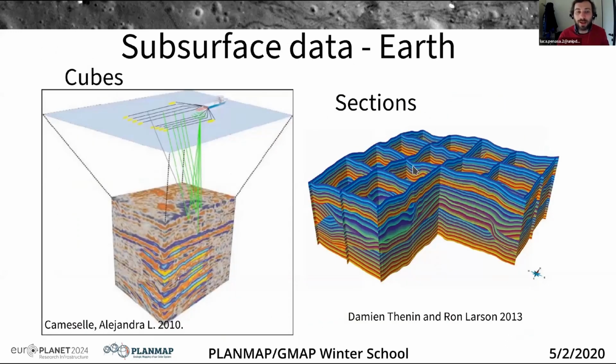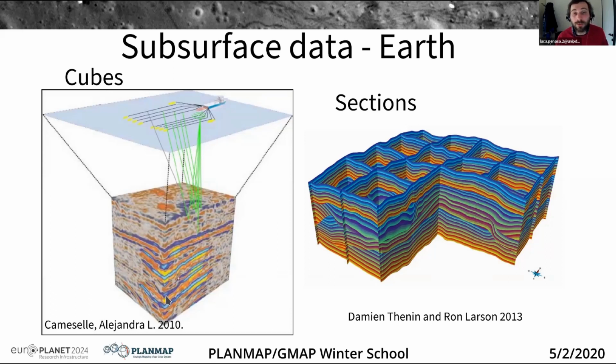Okay, as we said, maps are very interesting as the first data to use, but we are also looking for subsurface data. On the Earth, we have plenty of really good seismic cubes that are mainly used by oil companies, basically to probe the underground, using basically seismic reflectors, like this one you can see here in this data cube.